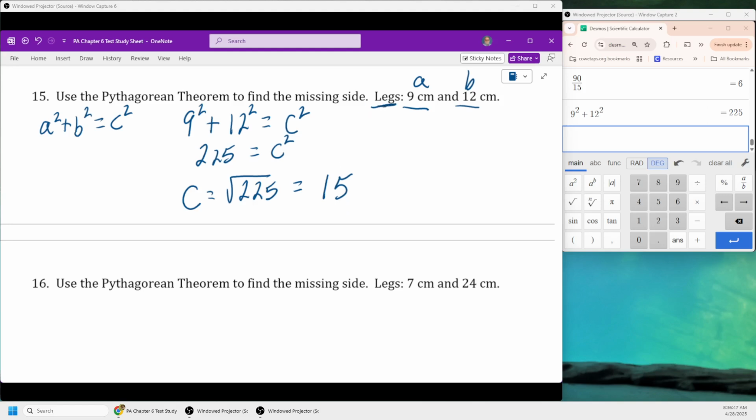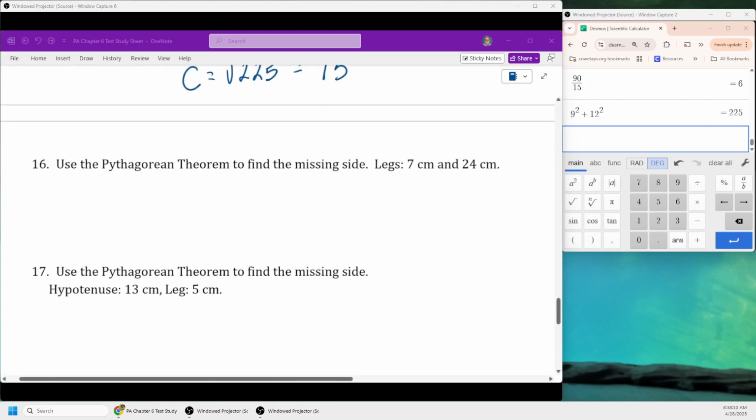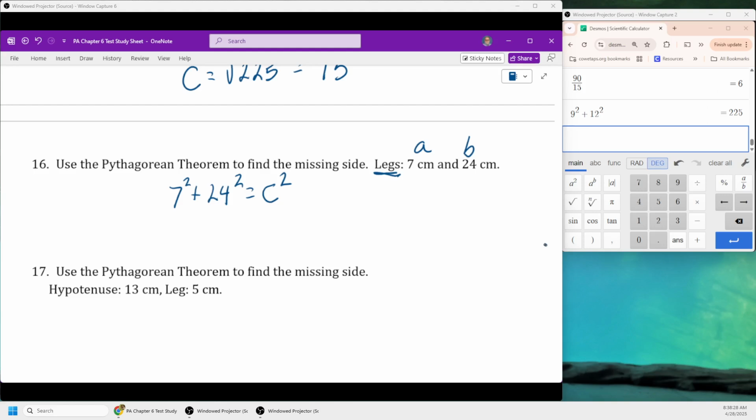So you have to pay attention to what it's asking you to do, okay? Could everyone do number 16 on your own? It's the same as 15, just with different numbers. Okay, I'm going to jump in. Again, we have the 2 legs, so this is A and that's B. The thing we're missing is the hypotenuse again. So we're going to go 7 squared plus 24 squared equals C squared.